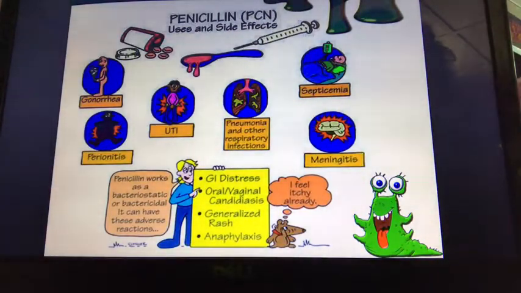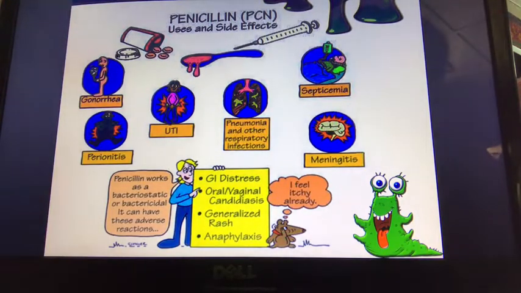Our first one that we're going to talk about is penicillin. Penicillin is one of the oldest medications. It can be given for gonorrhea, peritonitis, UTI, pneumonia and respiratory infections, septicemia, which is sepsis, and meningitis. It works as a bactericidal, so it can actually kill the bacteria.